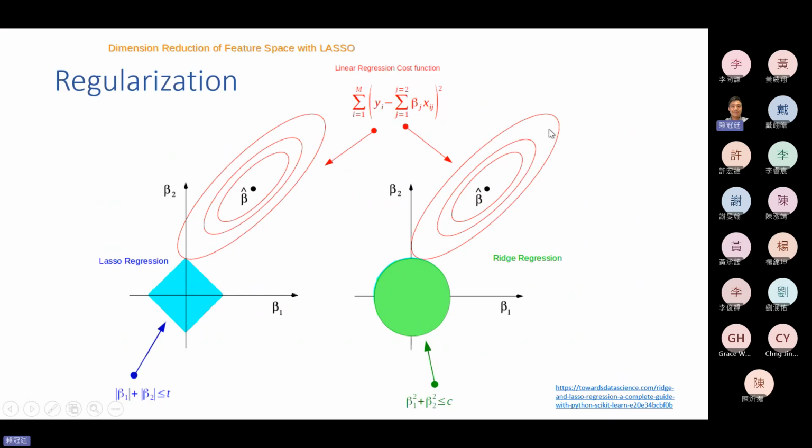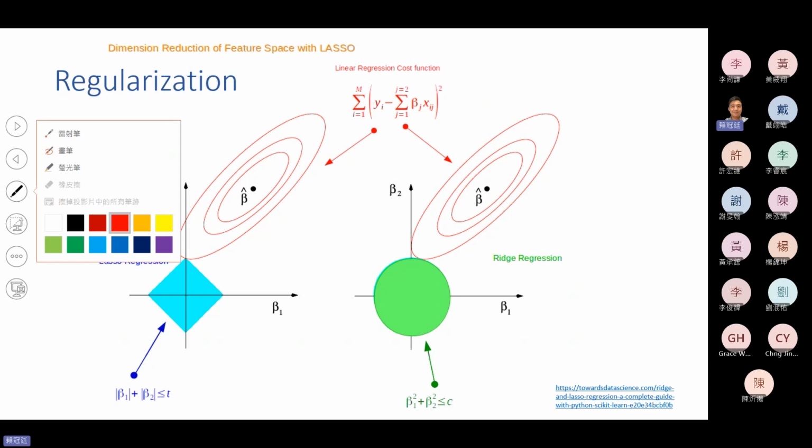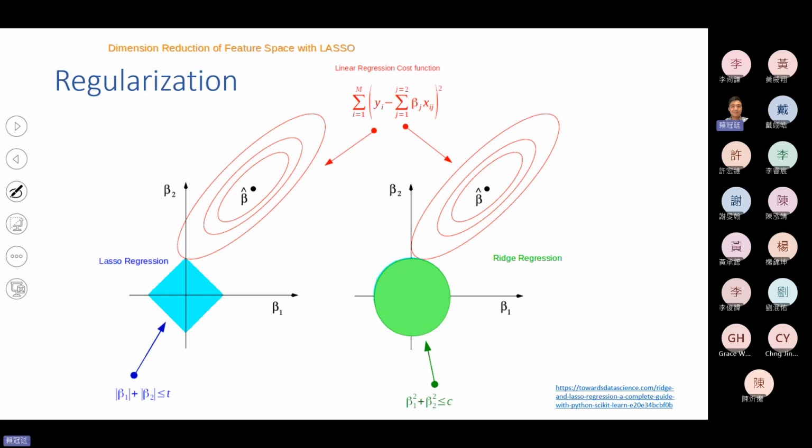Okay, here's a picture I found on the internet. Regularization. Usually, here the weight is beta. Let me choose a color, like purple. So beta is the weight, and then we are doing linear regression, I mean, least square.